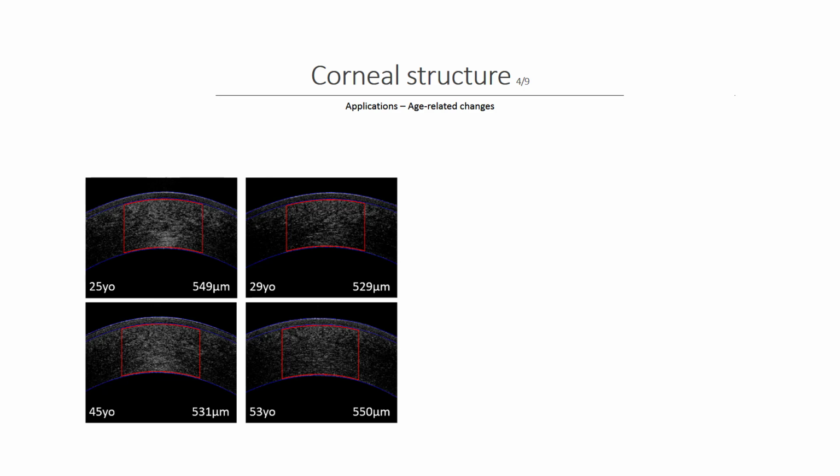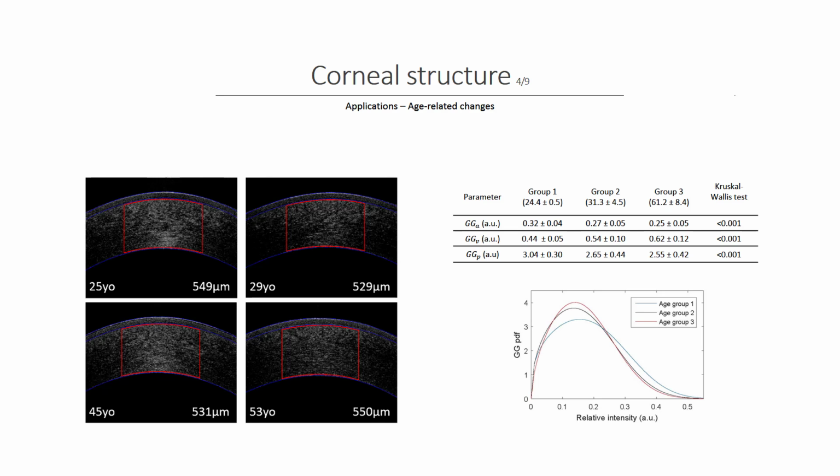However, when we model the speckle using the generalized gamma distribution, it is possible to observe significant changes among different age groups. These changes indicate that the tissue is more compressed with aging, probably due to the cross-linking that happens with age.